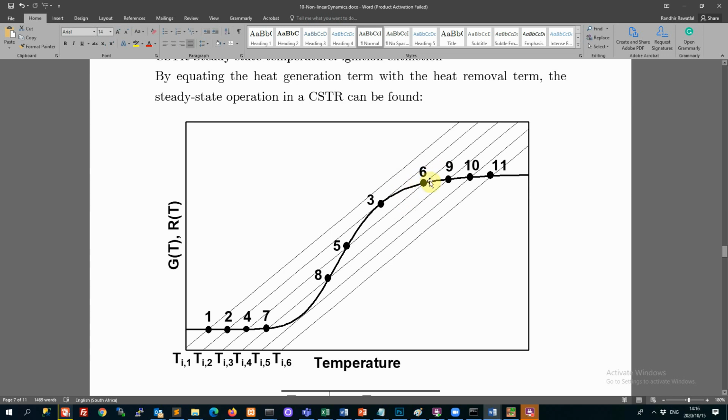So that's a stable steady state. And in fact, all that applies to all these points here. All these points down here are stable steady states. All these values here are stable steady states also. All these values here are unstable steady states. So those are some features. That's how we can think of navigating this plane.